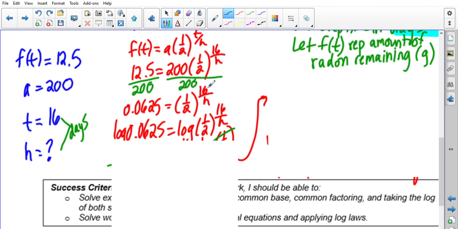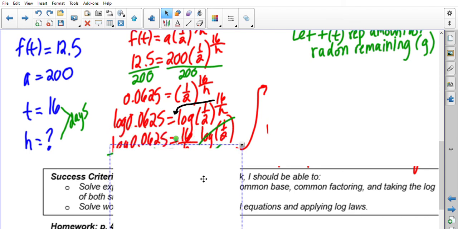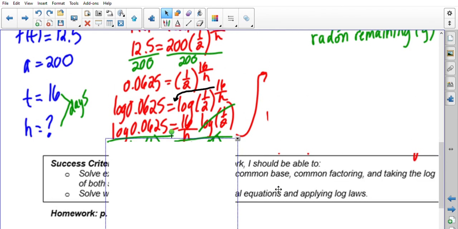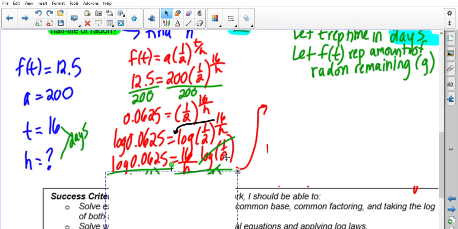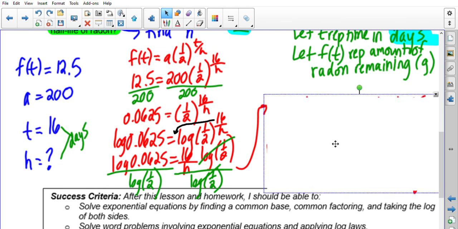We're going to bring down the exponent of 16 over h down in front. So we're going to get log 0.0625 equals 16 over h times log 1/2. And then, of course, we want to get rid of the log 1/2 from both sides. So you're going to divide these two on your calculator.